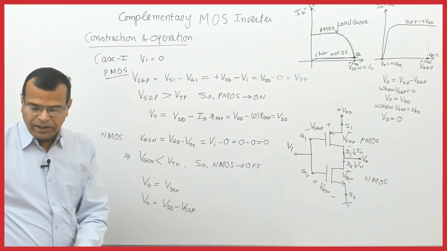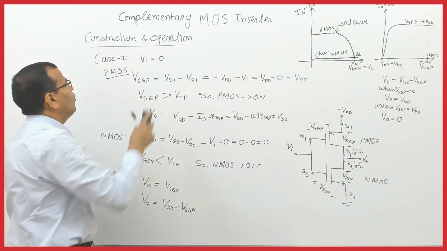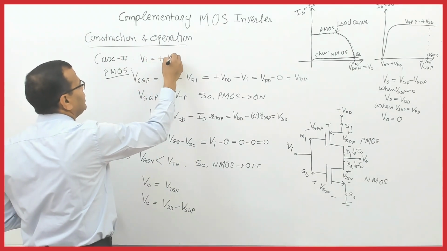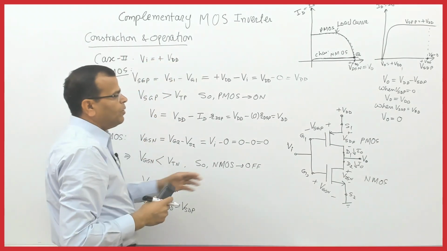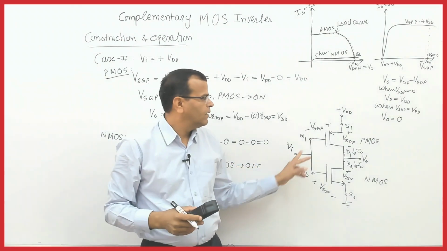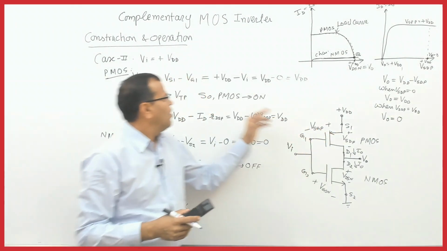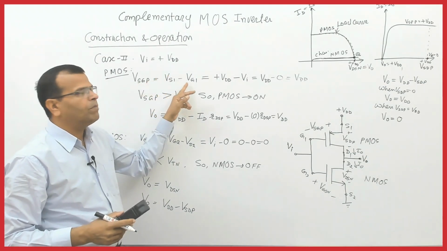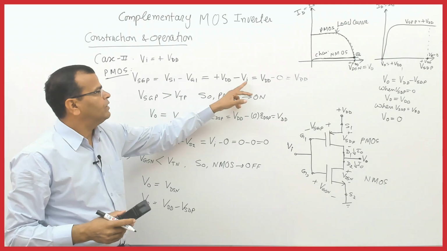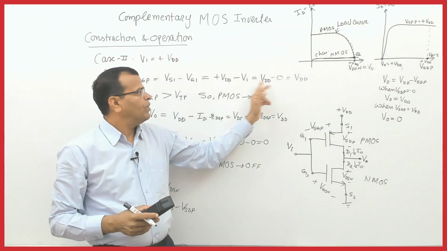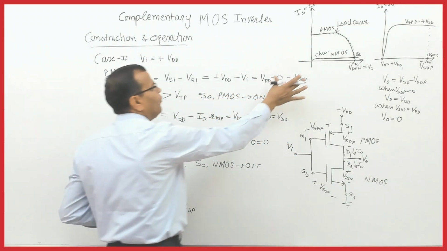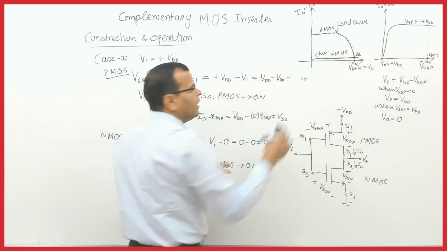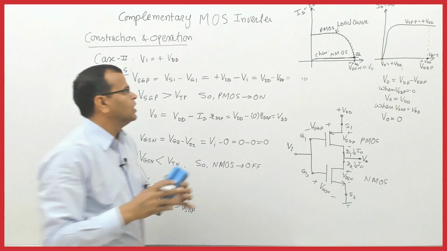Now let us see another case. That is case 2, input is plus VDD. When input is plus VDD, see this voltage. VSGP will be equal to VS1 minus VG1. VG1 is nothing but VI. VI here is now VDD, and when it is VDD, it will be equal to 0.